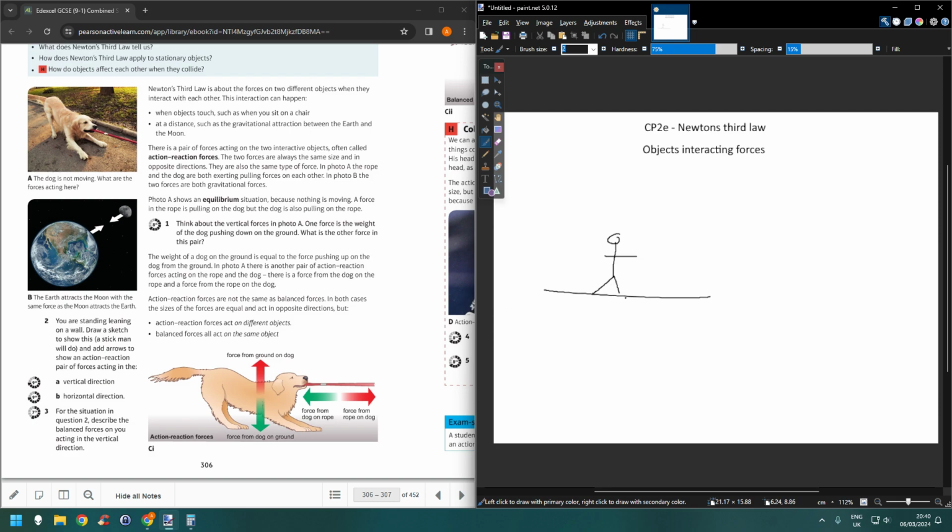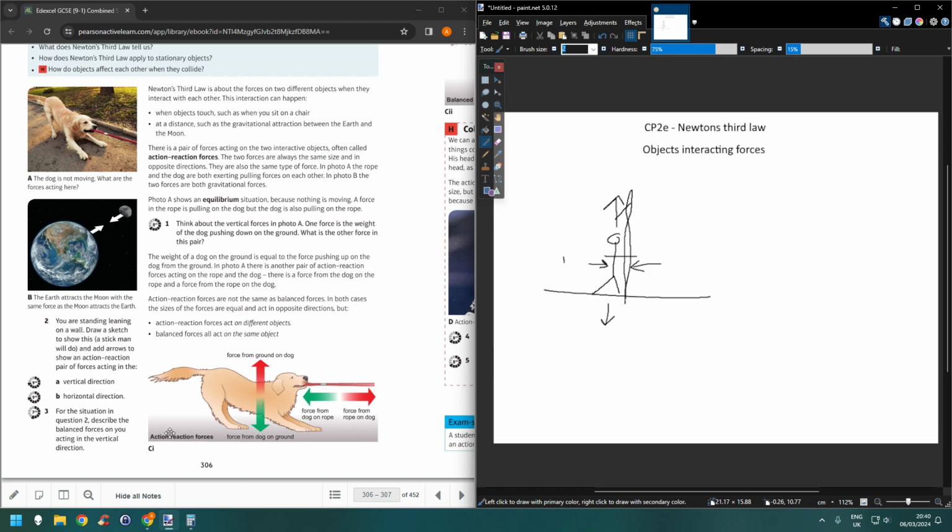I will add a wall here. It's a cross-section. Include the vertical direction and horizontal direction. So, human on ground, ground on human, human on wall, wall on human.